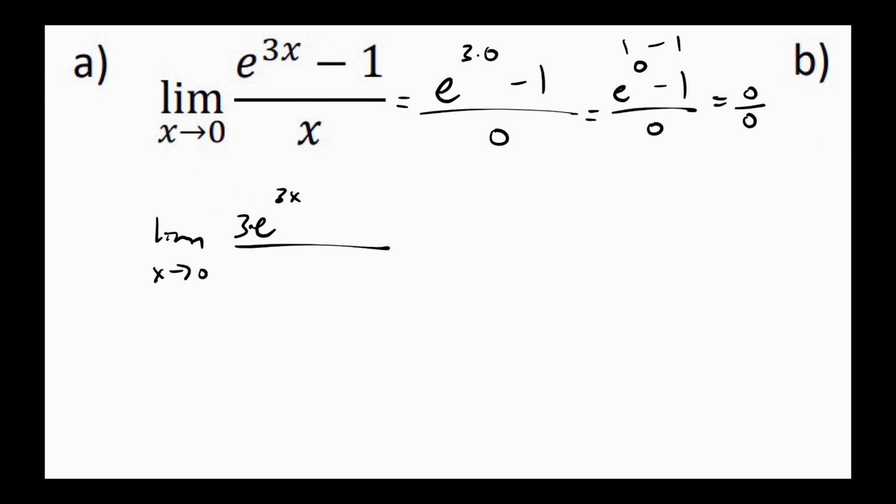So 3 times e to the 3x. The derivative of negative 1 is just 0. And the derivative of the bottom is 1. So I get 3 times e to the 0 power, because it's 3 times 0 over 1, which is 3 times 1, which is positive 3.